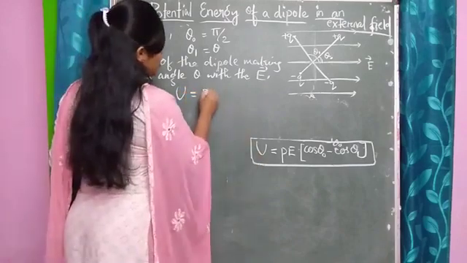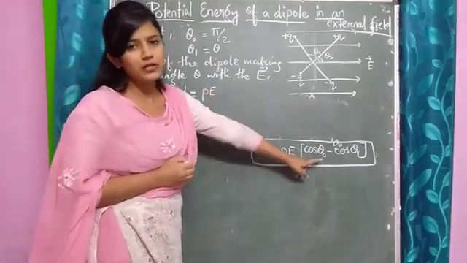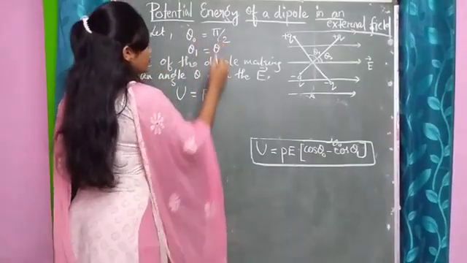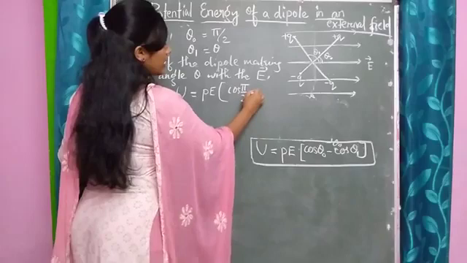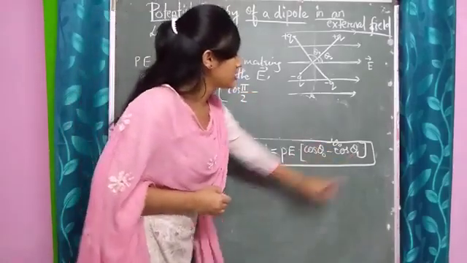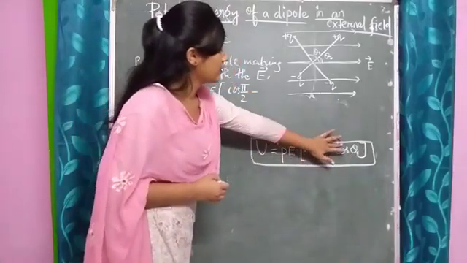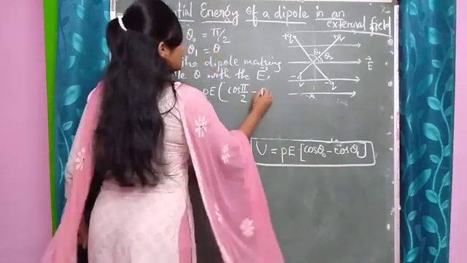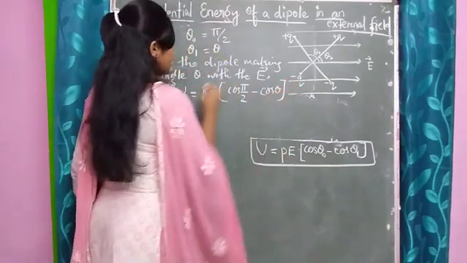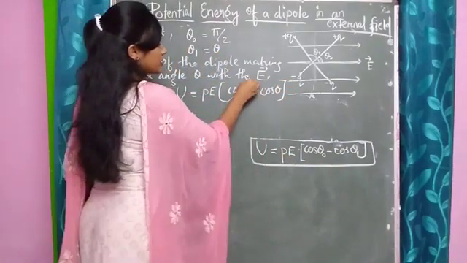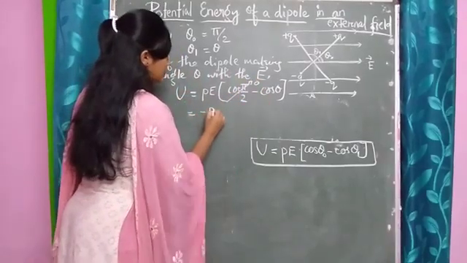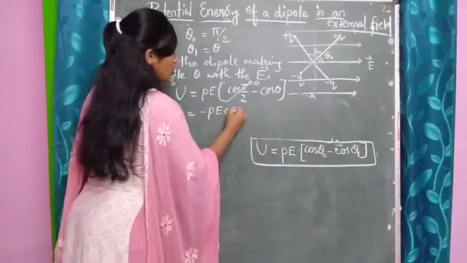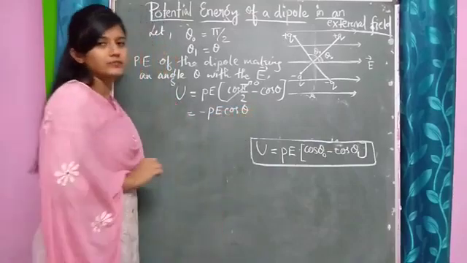Let us put the values. U is equal to PE times cos pi by 2 minus cos theta, in place of theta naught I put pi by 2 and in place of theta 1 I write theta. The cos 90 term becomes 0, so now I have minus PE cos theta.